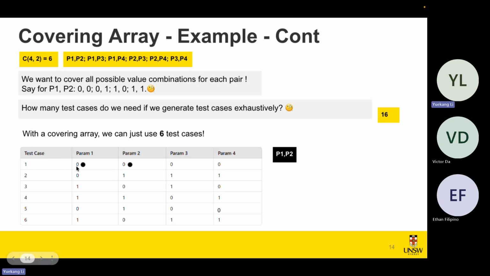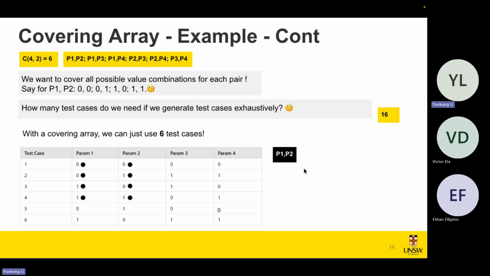The first test case covers 0,0. For 0,1 we can use test case 2. For 1,0, test case 3. For 1,1, test case 4. So these 4 test cases cover the 4 different patterns that could be taken by P1,P2.